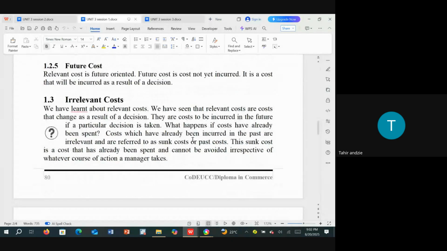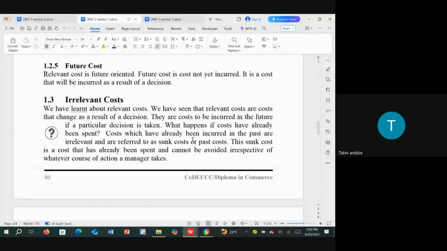So we can now talk of irrelevant costs. We have already learned that irrelevant costs are costs that may not arise or that may not change, that may not influence management decision. We have seen that relevant costs are costs that change as a result of a decision. They are costs to be incurred in the future if a particular decision is taken.